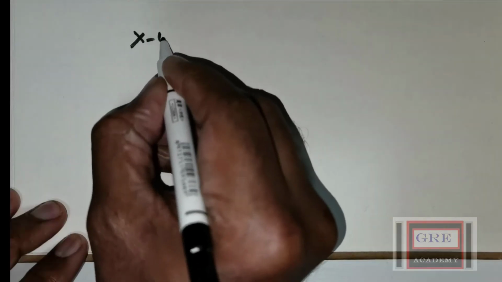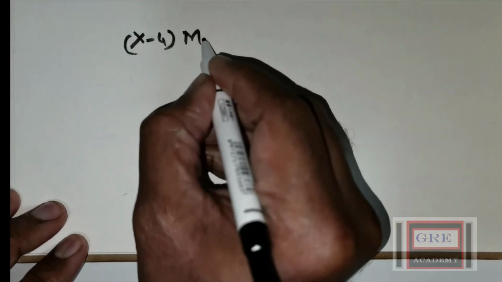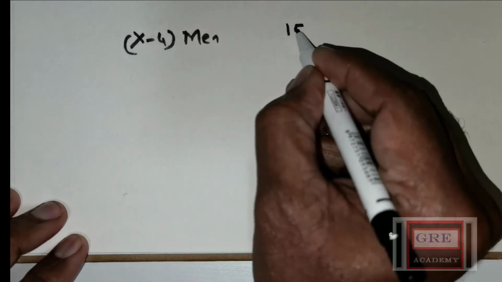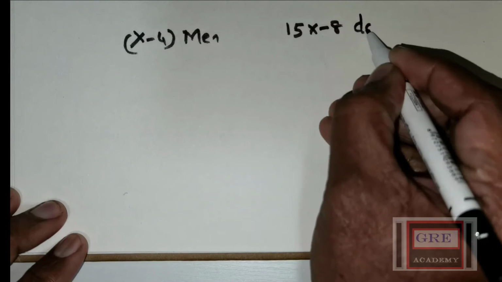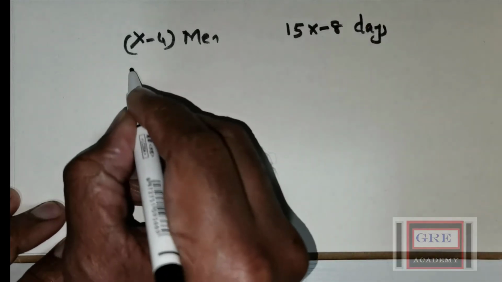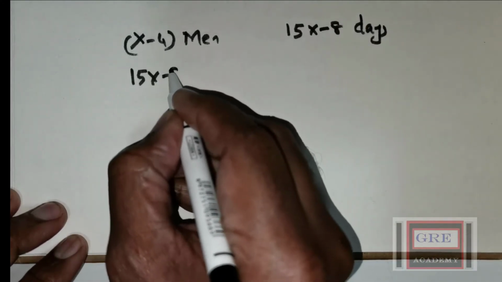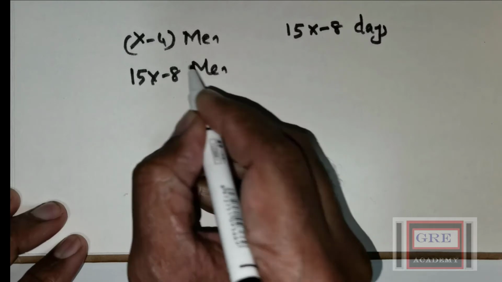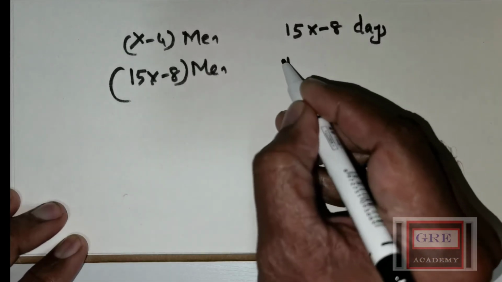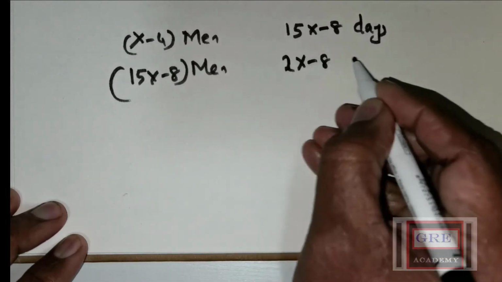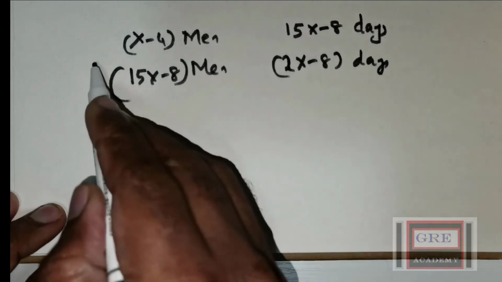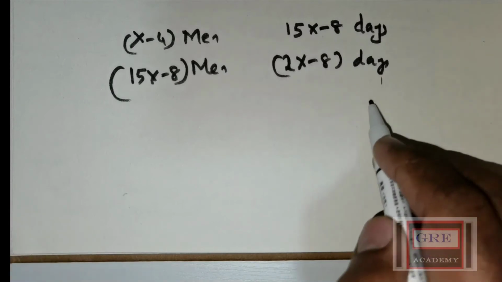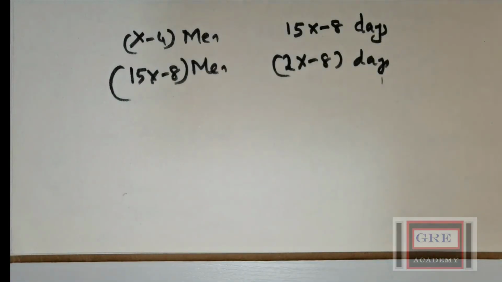We have x minus 4 men working for 15x negative 8 days, and we have got 15x negative 8 men working for 2x negative 8 days. Now, these two quantities are connected with a ratio 5:8.